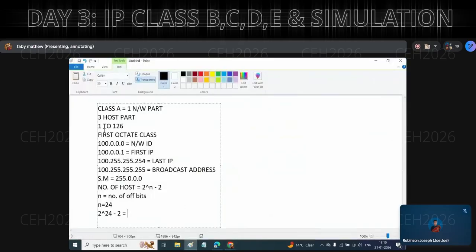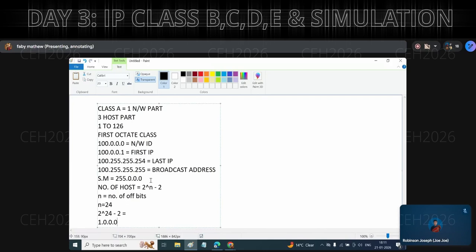So if you are creating an IP address with the range of 1, in the 1 network also you can create this many IP addresses. That means for 1.0.0.0, in this range of IPs, you will also be able to create 1 crore 67 lakh 77,000 IP addresses.